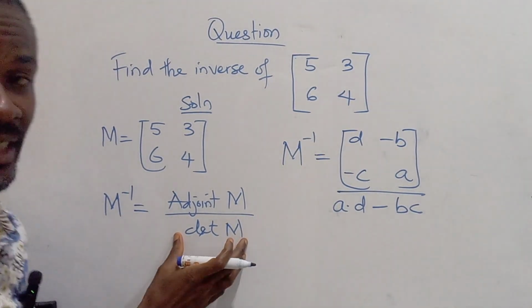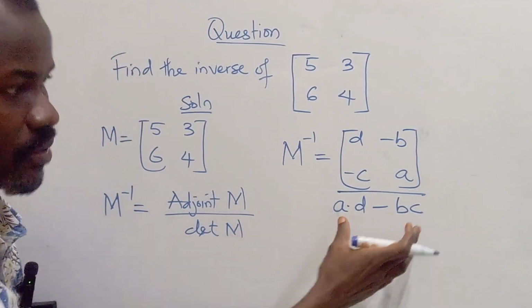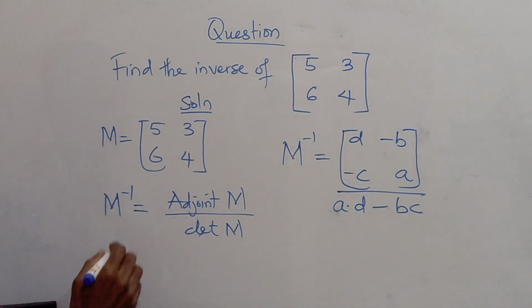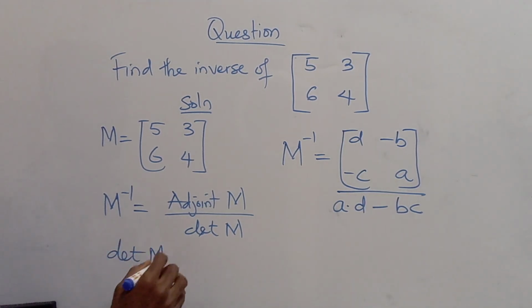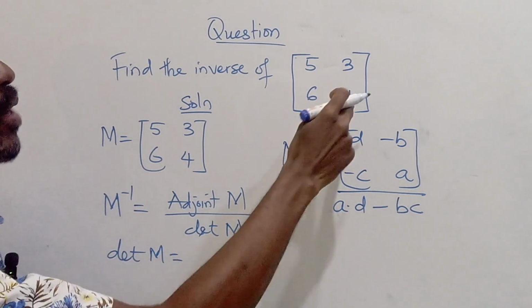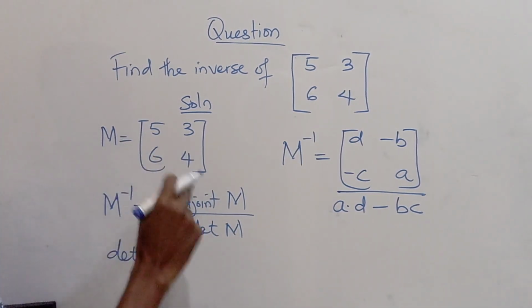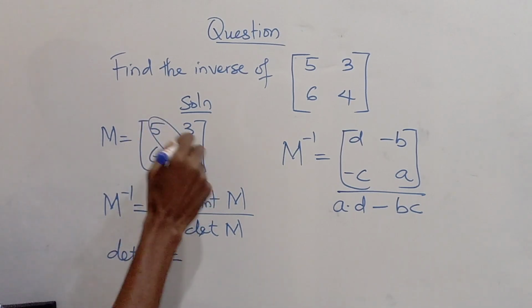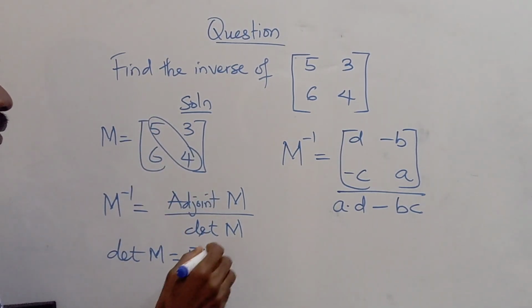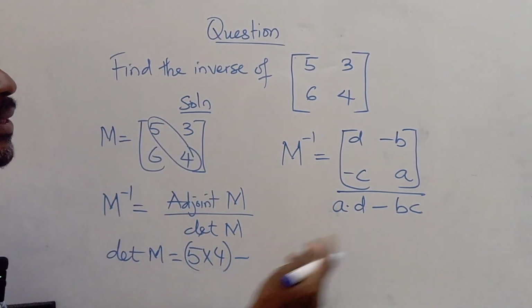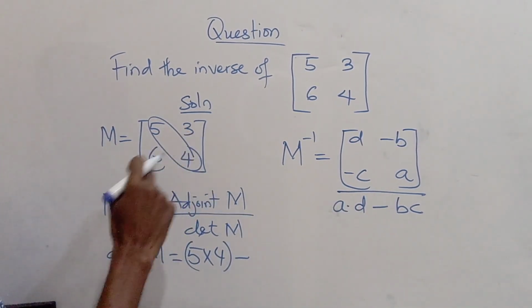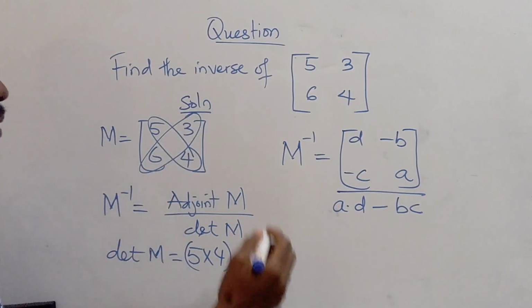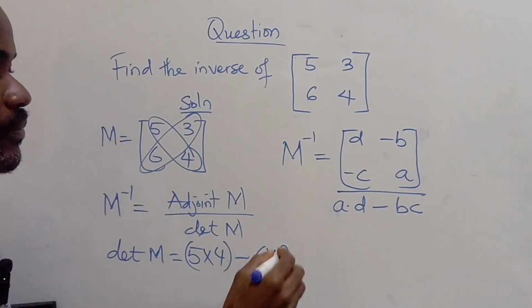Now I want to start with the determinant since it's easier. We're going to use this. So our determinant of N is going to be this times this, so you always go like this. So we have 5 times 4 minus, then we have this way to multiply, so we have 6 times 3.